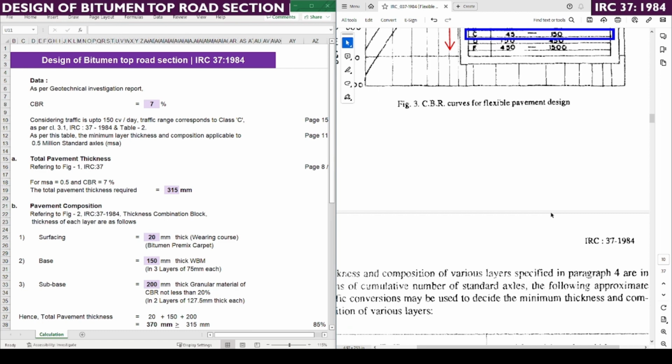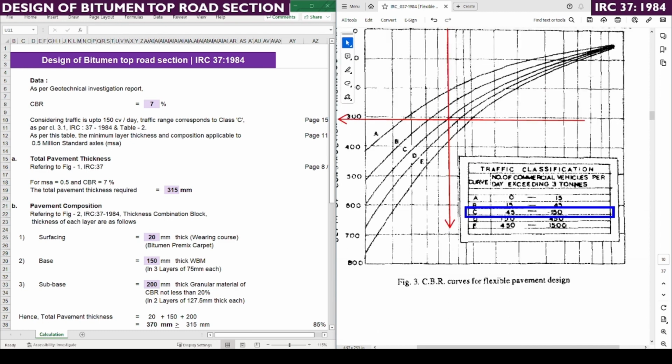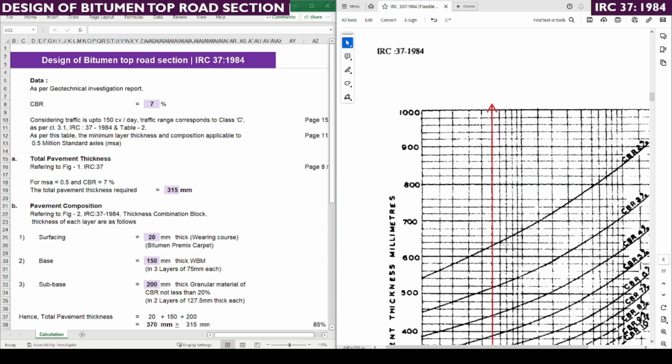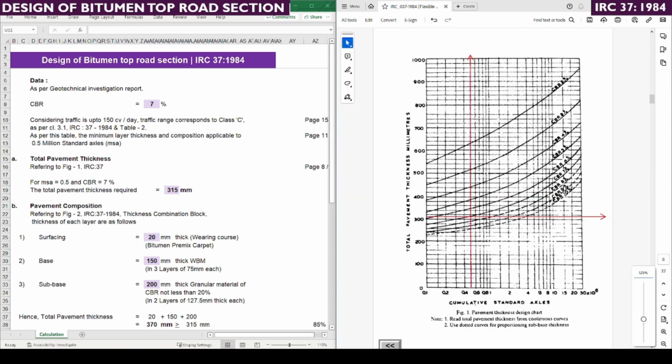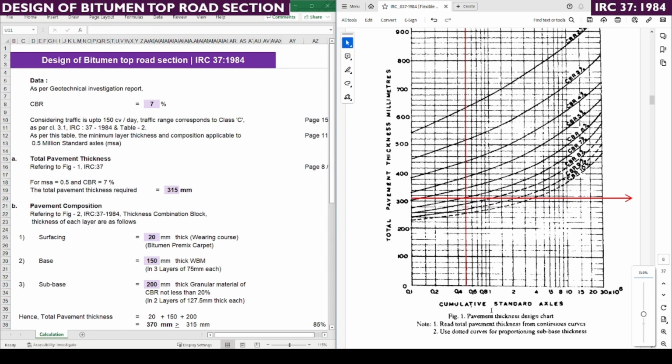To find the total pavement thickness, we need to refer to page number 8, that is Figure 1. Here is the chart showing the total pavement thickness required based on the cumulative standard axles and the CBR value.